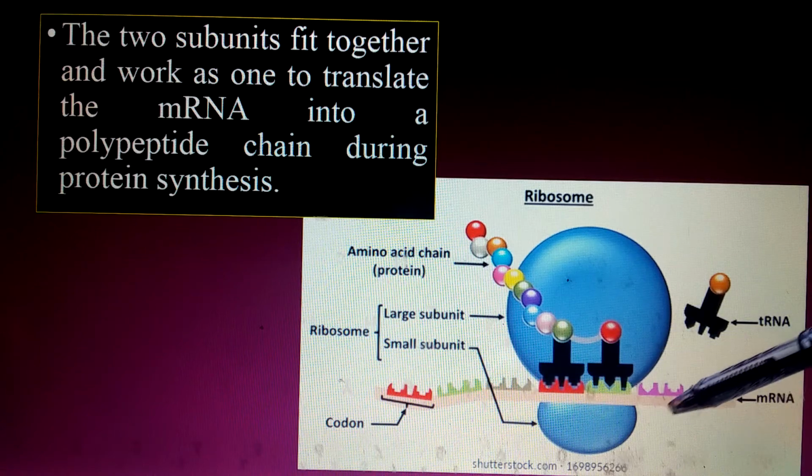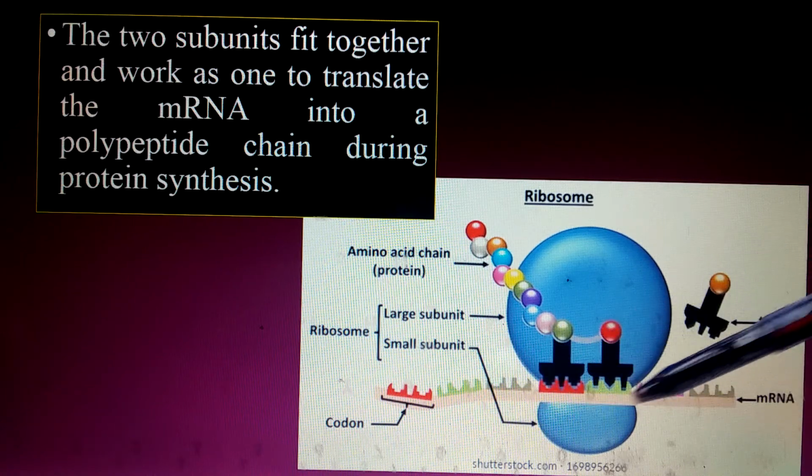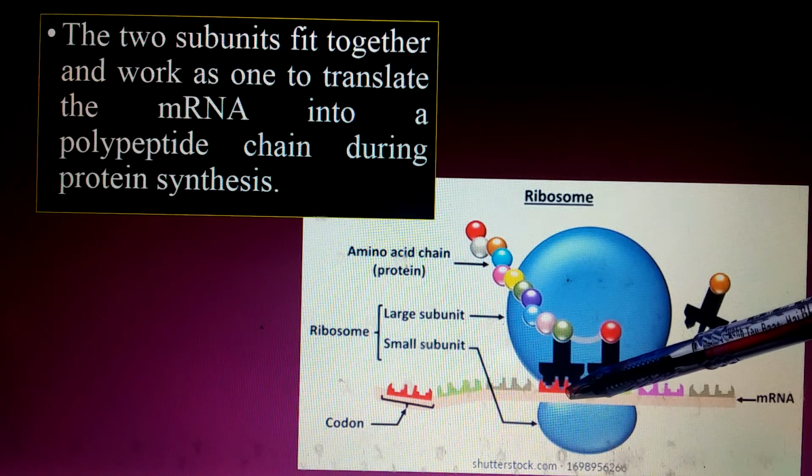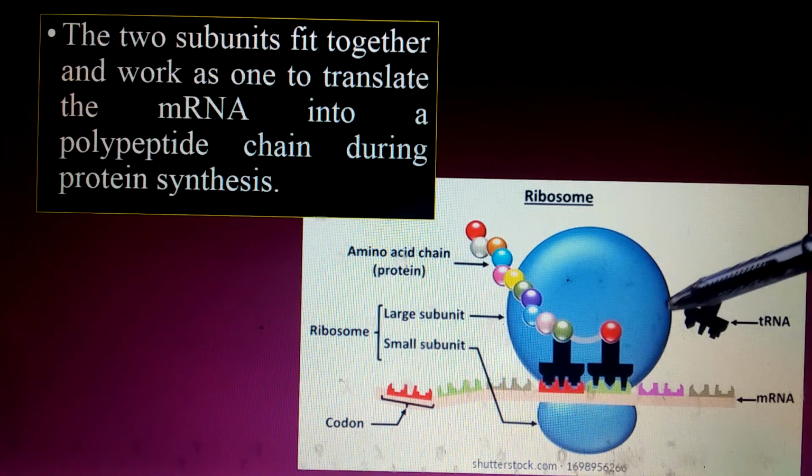This is the messenger RNA with codons or genetic code, and the genetic code consists of 3 nucleotides, and the transfer RNA also contains the anticodon. Is it clear? So this transfer RNA picks the amino acid and forms the protein during translation.